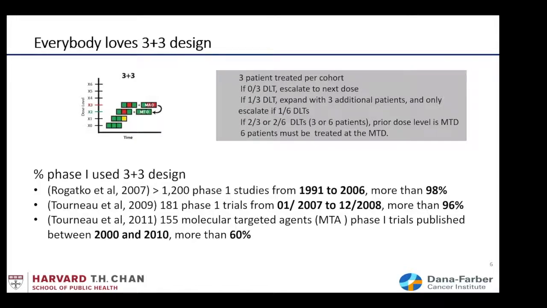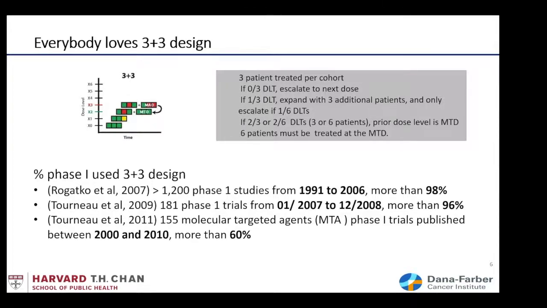The last article focuses on molecular targeted agents in relatively recent years, because we believe molecular targeted agents have very different toxicity profiles and even efficacy profiles. However, even for molecular targeted agents, 60% of phase 1 trials still use 3+3 designs.